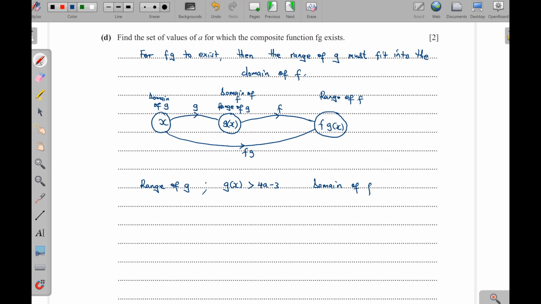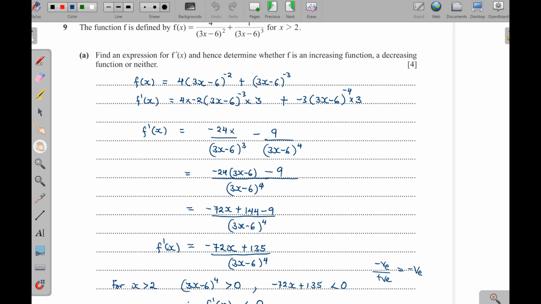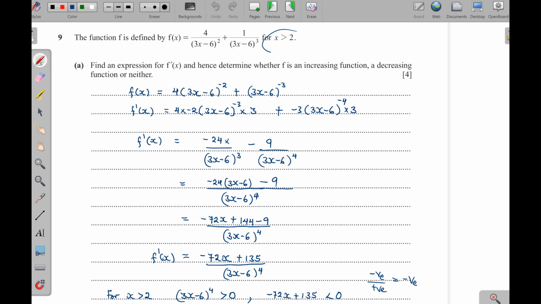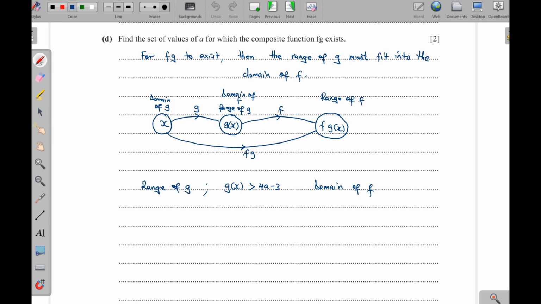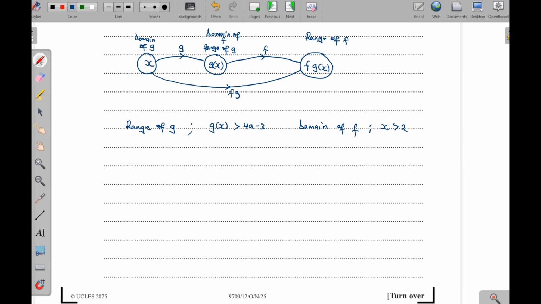Domain of f, when we check behind here, it is x greater than what? 2. So it is x greater than 2. Now you get this expression here for the g, and then you put it in the x. So this implies that we shall have 4a minus 3, which has to be greater than what? 2.